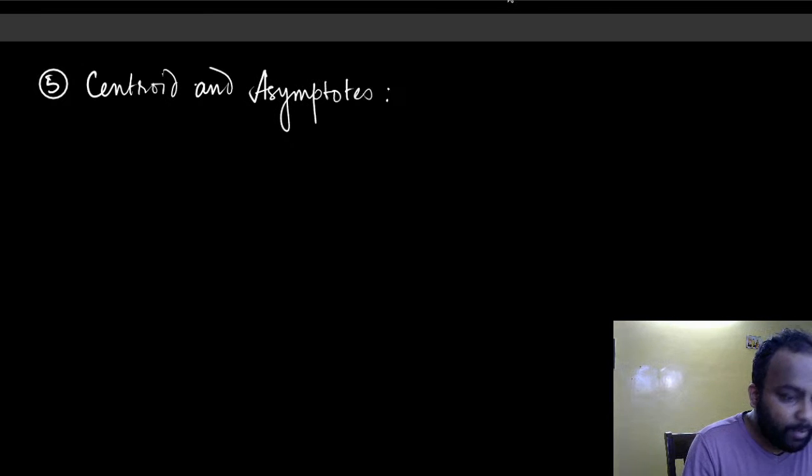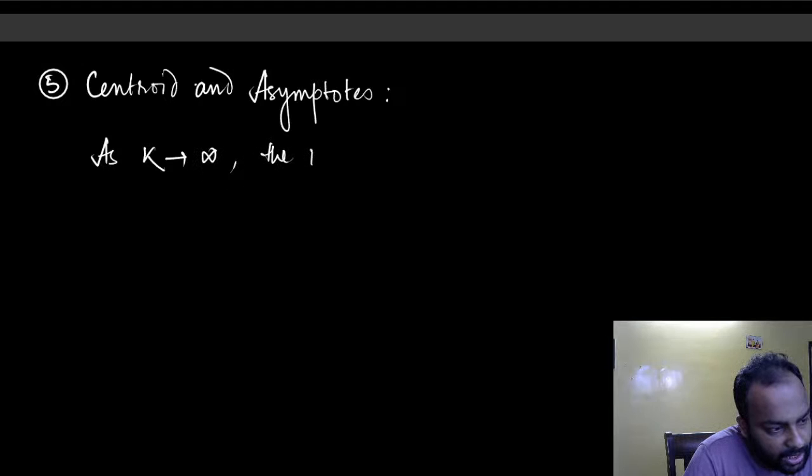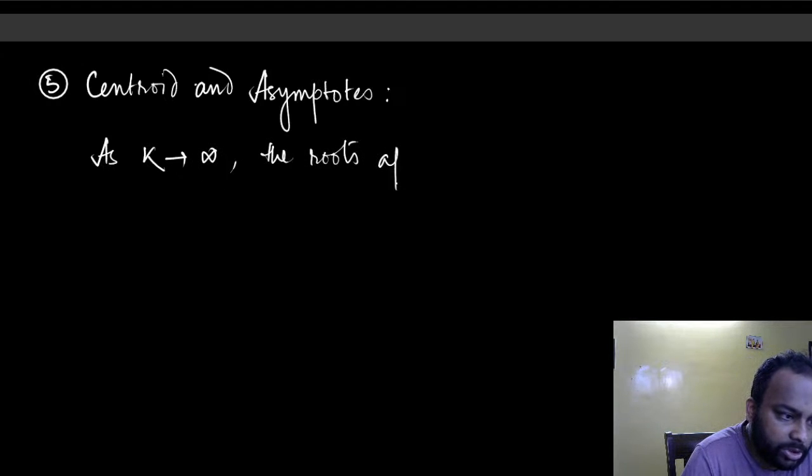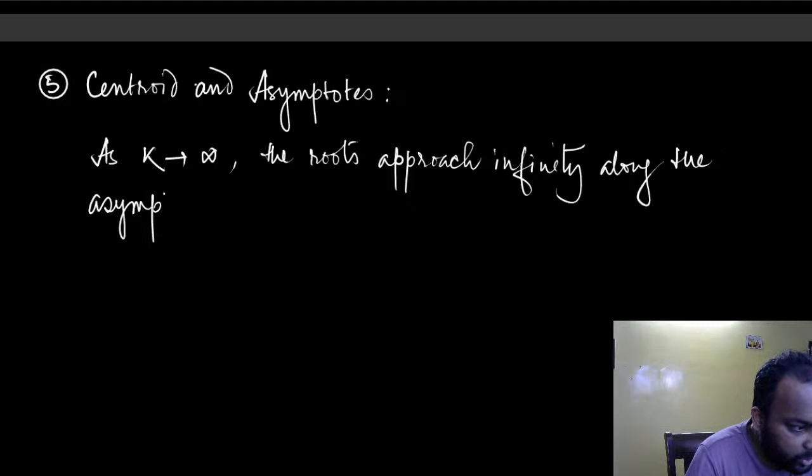Okay, so we are writing the rule here and explaining this. We are saying that as k tends to infinity, the roots approach infinity along the asymptotes.